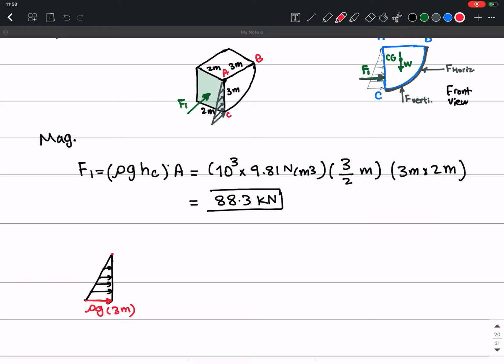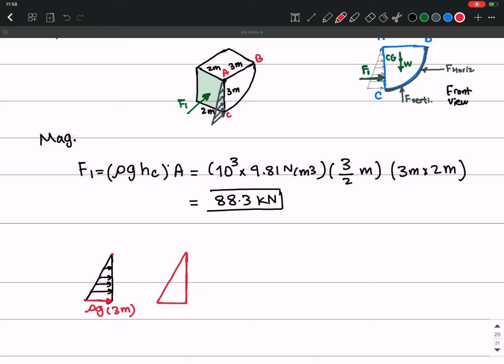So I have a triangle whose sides I know, and I want to calculate the area of that to get the total force.